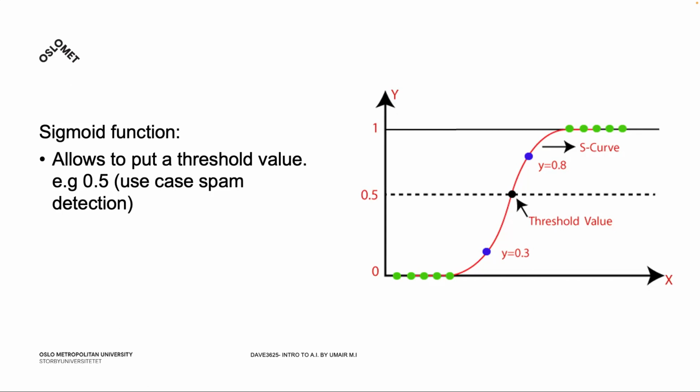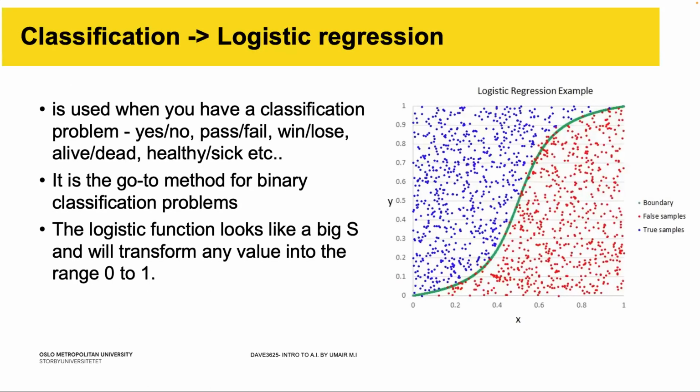Every time you change the threshold value, the line goes up and down, and so does the prediction for the model. Over here, the threshold value is 0.5 because you can clearly see it's 50% divided on one side or the other.